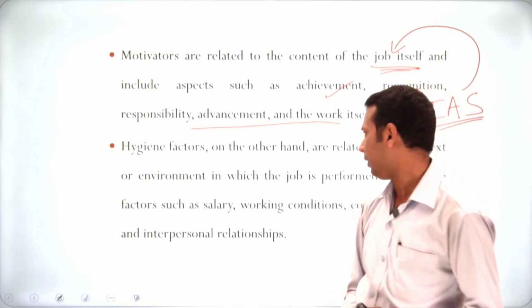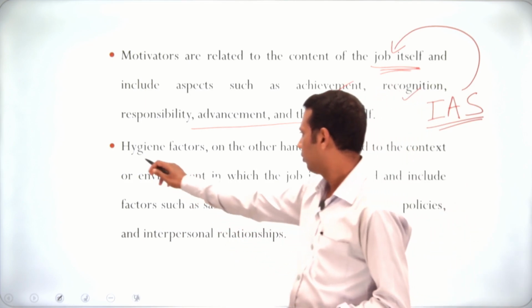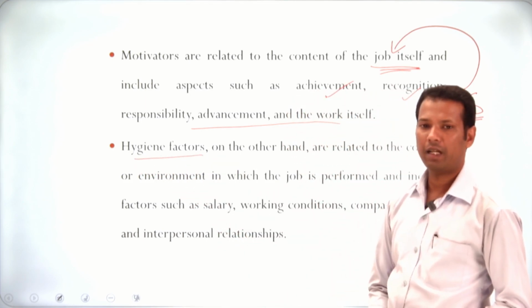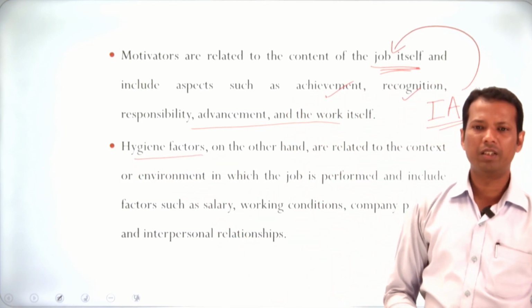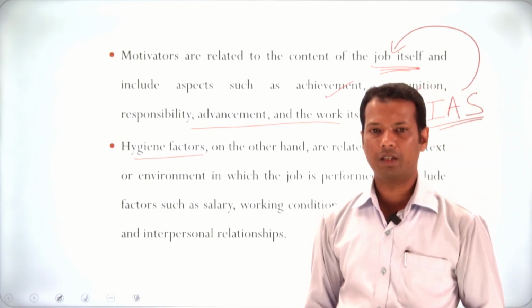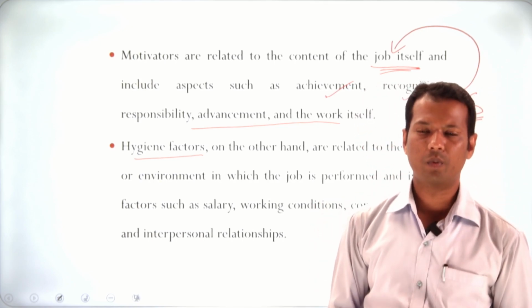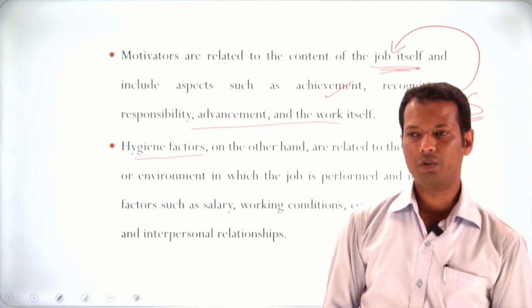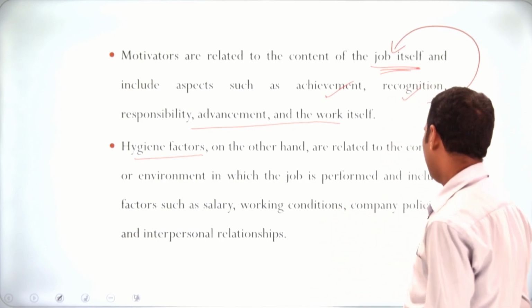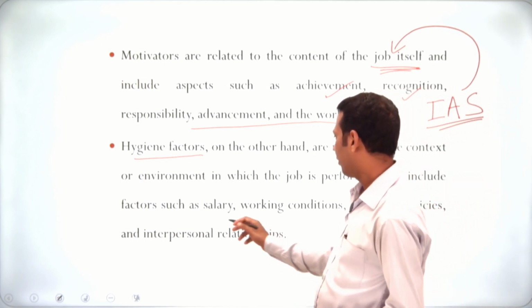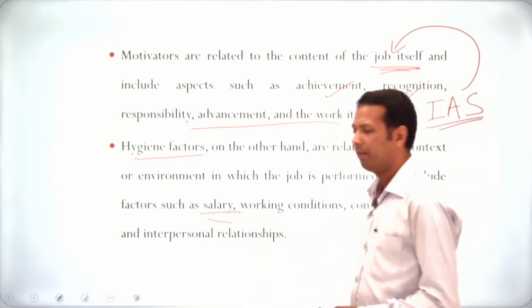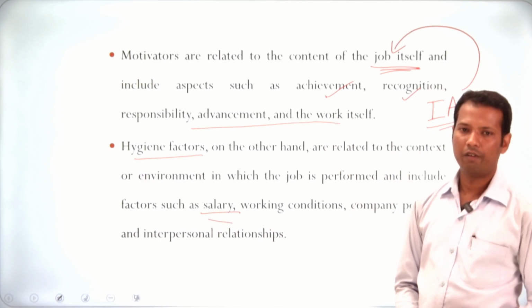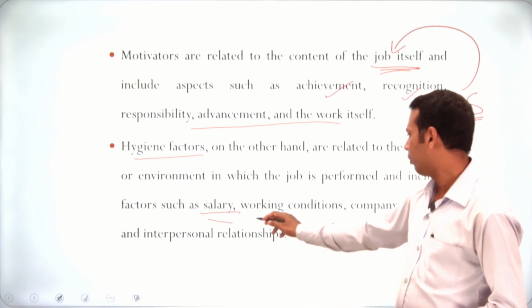Next, hygiene factor. What is a hygiene factor? It is related to the environment particularly. Where is the job, what is the job role, and what is the environment in which you are going to perform your job? Apart from that, salary plays a very important role. What is the salary of your job? What is the working condition?